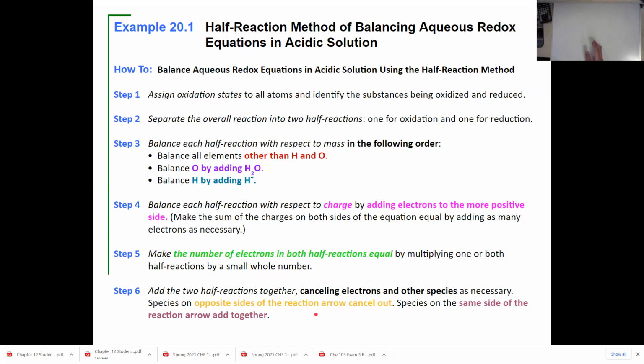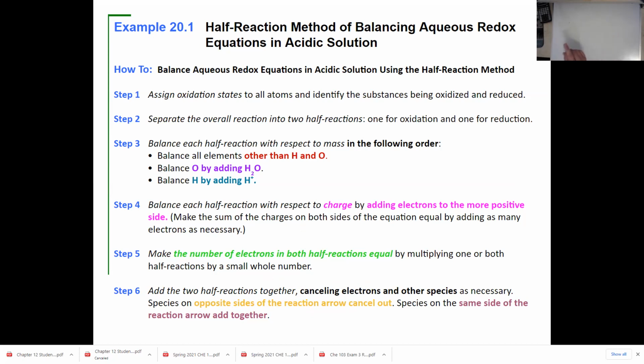And your electrons should always be on opposite sides of the reaction arrows, or else something went wrong in your balancing process. So if you have electrons on the reactant side and electrons on the product side, those should cancel out. But if you had water on your reactant side and water on your product side, that would also cancel out.